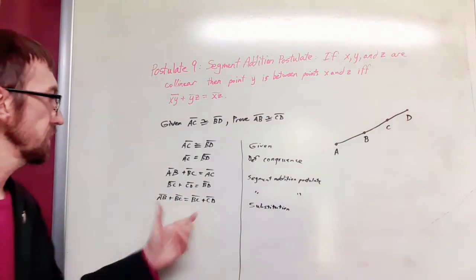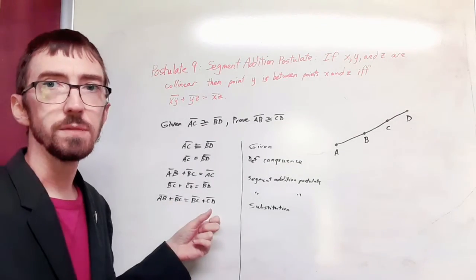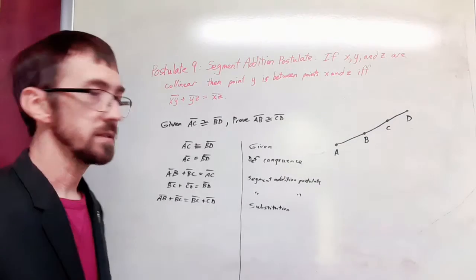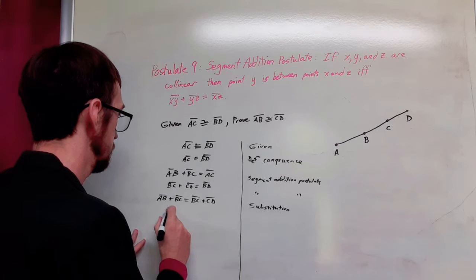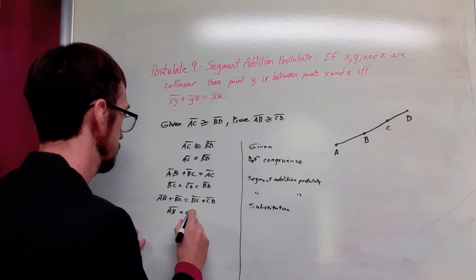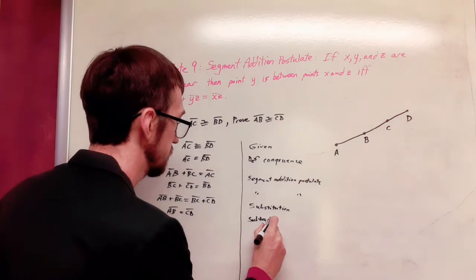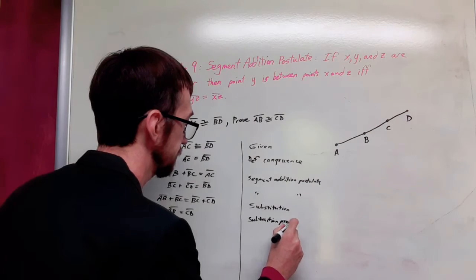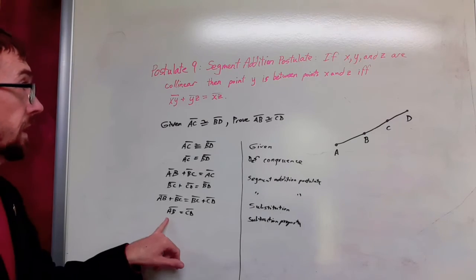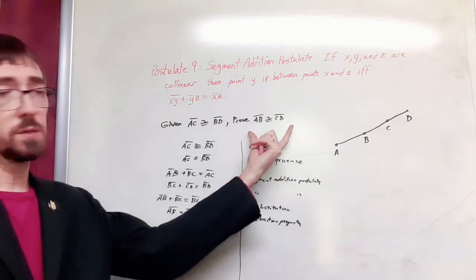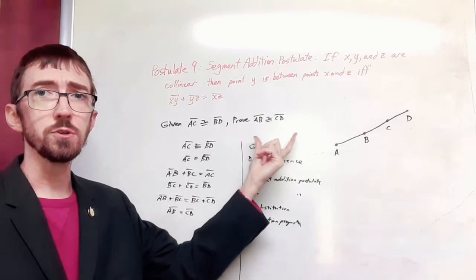And then once we have this, I can eliminate BC from both sides by just subtracting that segment from each side. So we could say this is the subtraction property. Now I have AB equals CD, and I'm one step away from the thing that I'm trying to prove, which is that AB is congruent to CD.